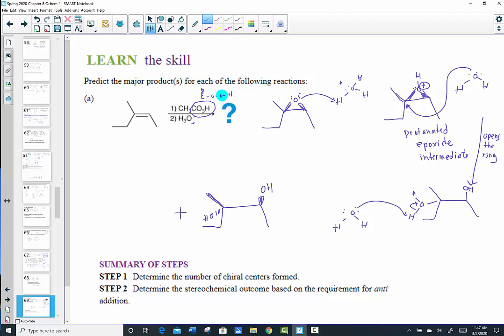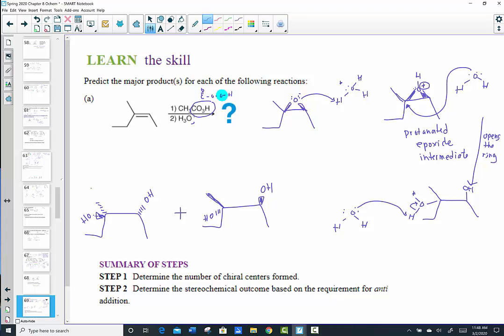And if this hydroxyl added as a dash, this methyl group would be a dash because this hydroxyl will be a wedge. Oh, let me redraw that. Sorry. The methyl group is now the wedge, and here this guy has to be the dash. Anti-addition. Alrighty. So that methyl group will be in one situation the dash, in the other situation the wedge.